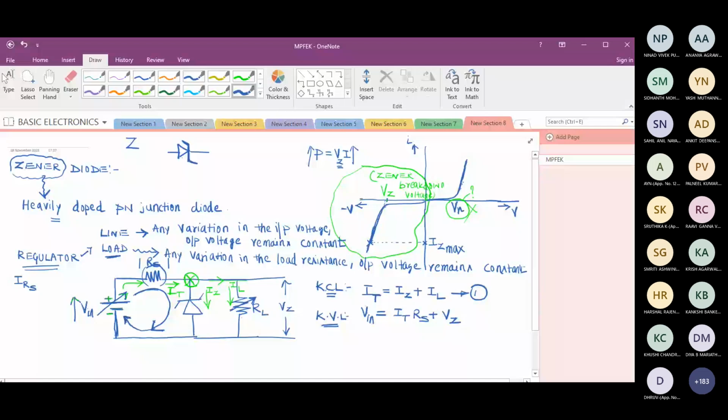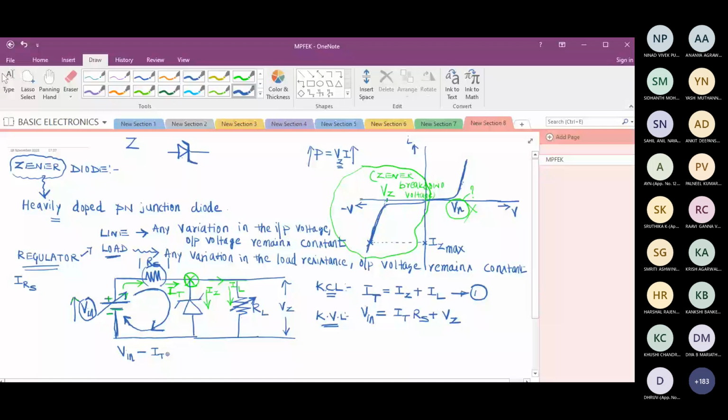If I start from positive potential, what is the potential here? Is it V in? Okay, so it is V in. I'll write V in. Next, is the current IT flowing through RS? Can I write V in minus ITRS, because you are going to get a drop across RS when you start from the input?